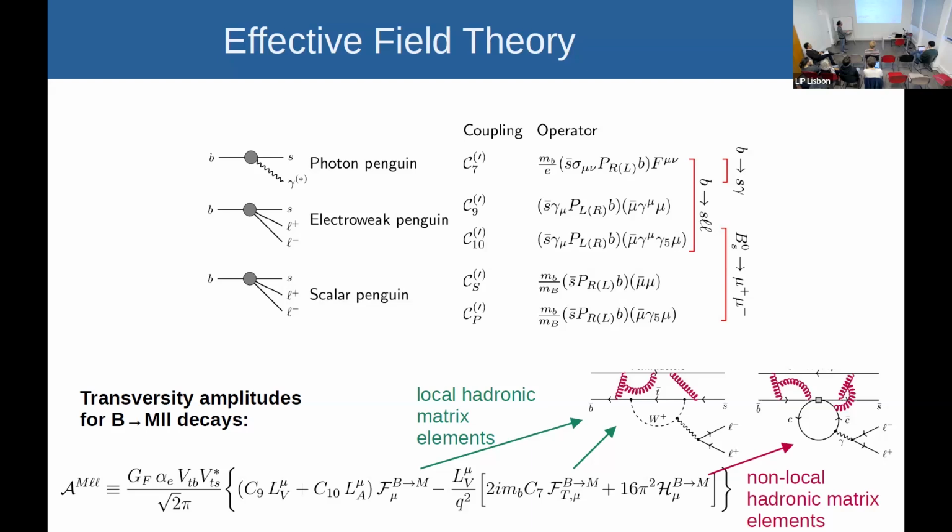And you can see how different types of transitions, the radiative transition, the B to SLL transition, the one we will talk about, or the Bs decay into muons, are sensitive to different sets of Wilson coefficients.